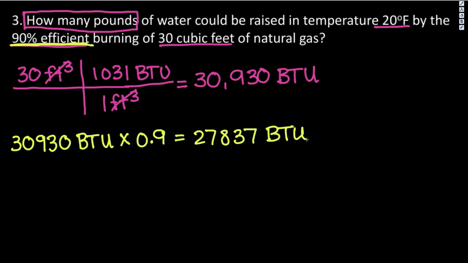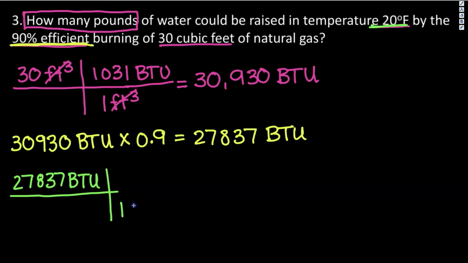Now we're going to take this and figure out the answer in pounds. Let me get another color again, just to help you guys keep track. This is where we'll use that temperature. So we're going to take that 27,837 BTUs and convert it to pounds. 1 BTU is equal to 1, and they call it a pound degree Fahrenheit.